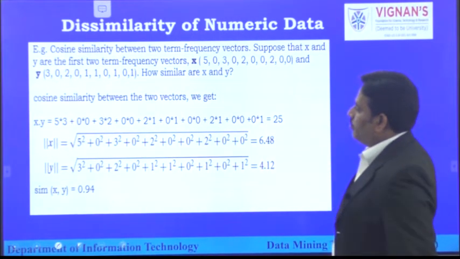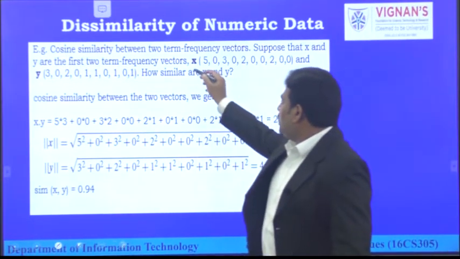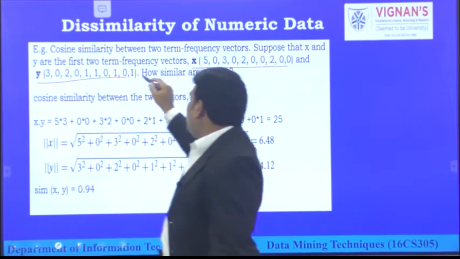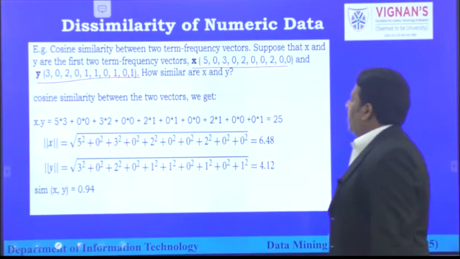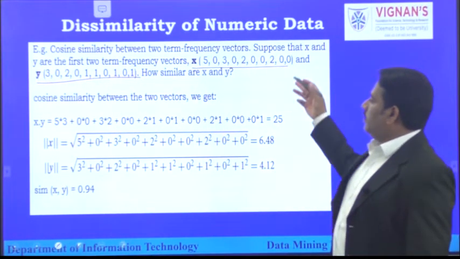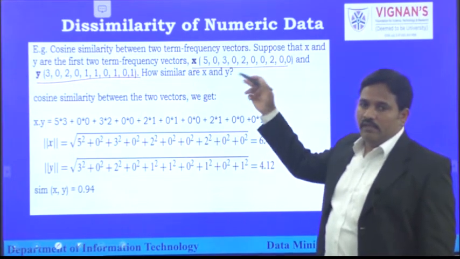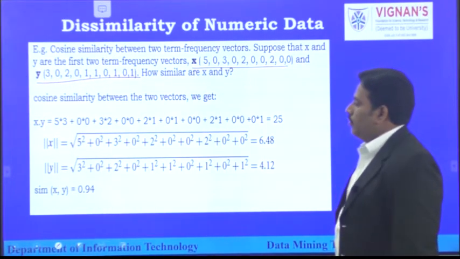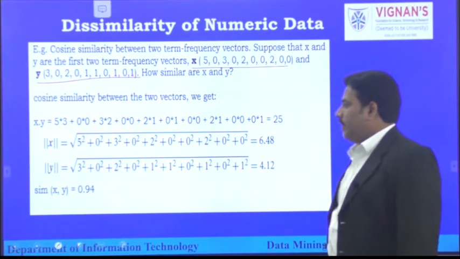Now look at this example for cosine similarity. Here we have two documents, x and y. Under x and y we have some values, 10 unique values in each case. The cosine similarity between the two vectors can be obtained.